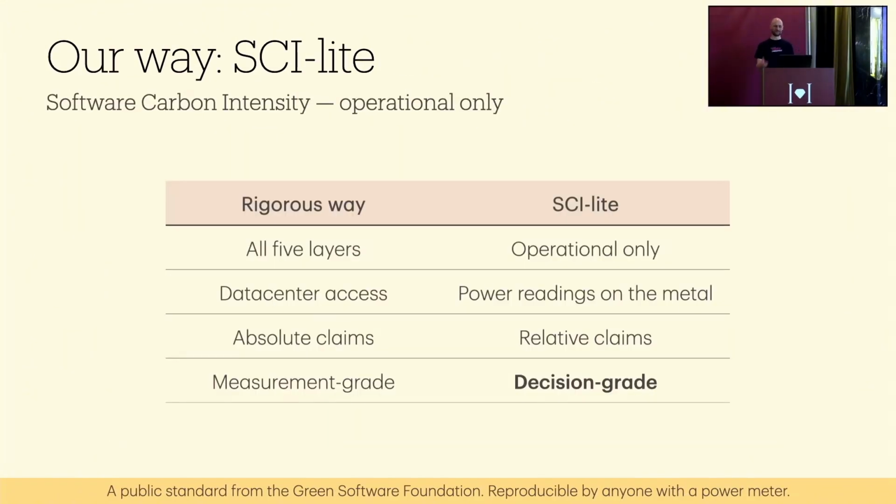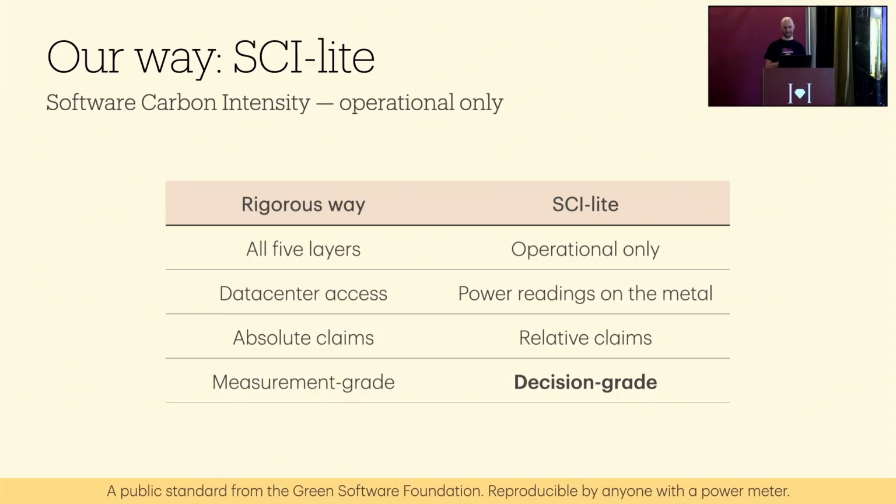Instead, Software Carbon Intensity light, from a spec by the Green Software Foundation, is a public standard for calculating the carbon impact of running software. Anyone can read it, anyone can implement it. We use a simplified version with only the operational part. The full SCI standard asks you to amortize the embodied emissions.